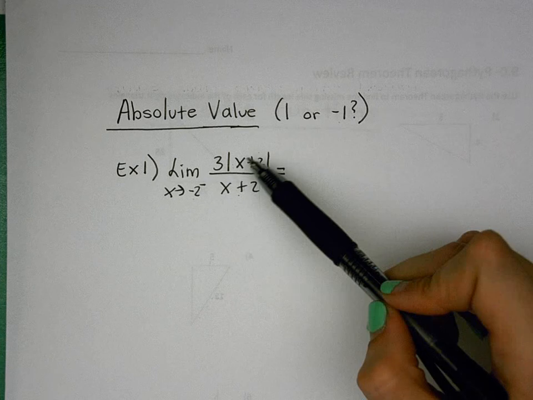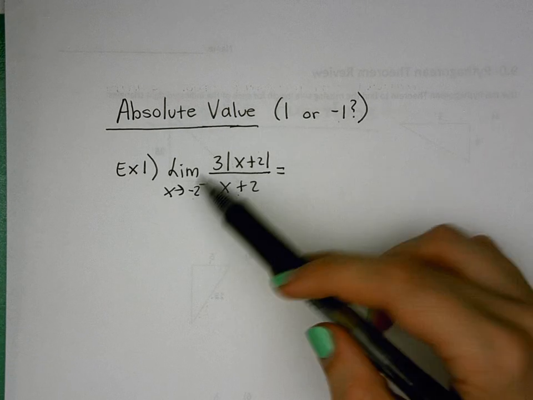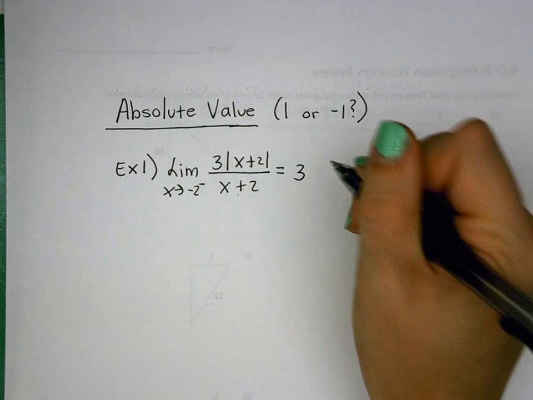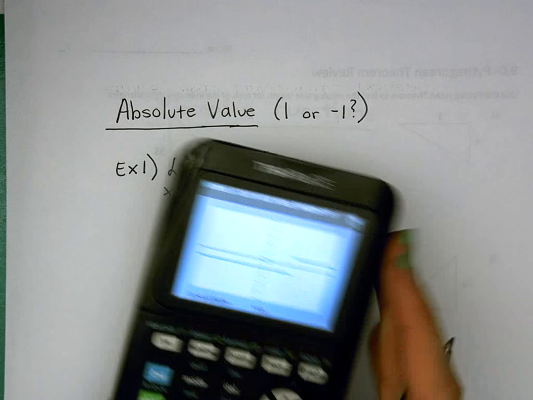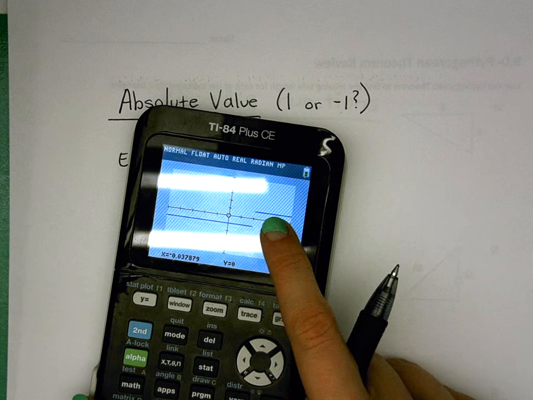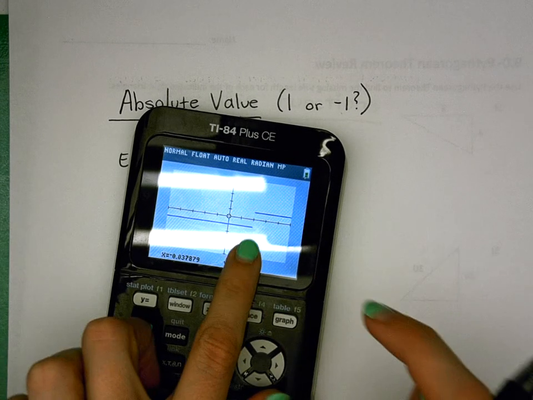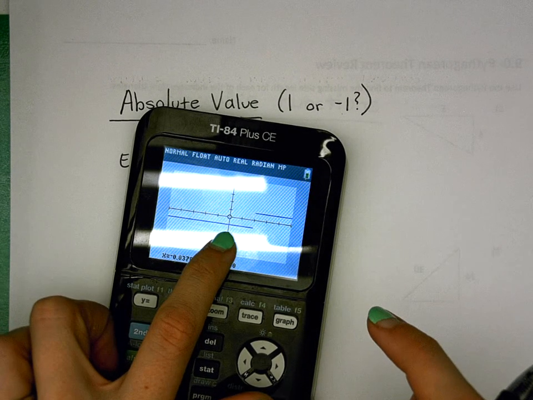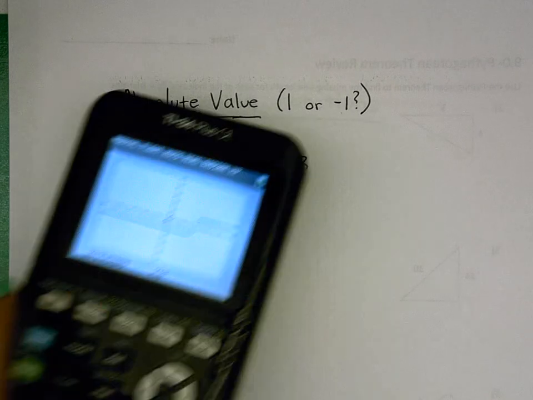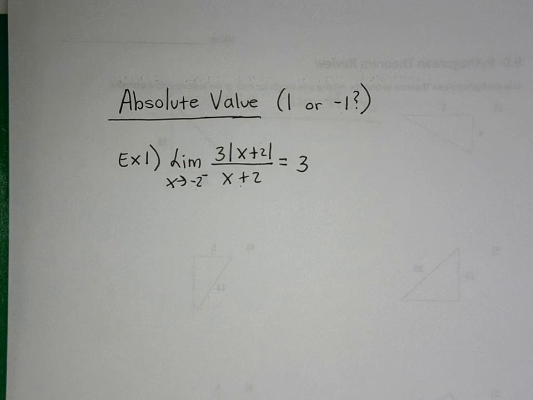Unfortunately, plugging in -2 is not going to help me a whole lot, because it gave me 0 over 0. But remember that graph that we were just looking at. The nice thing about absolute values is, as I look on either side, every x value plugged in generated the same y value. What does that mean for us here?